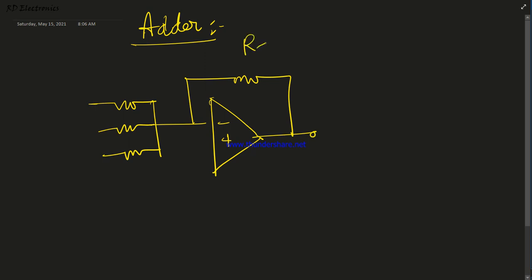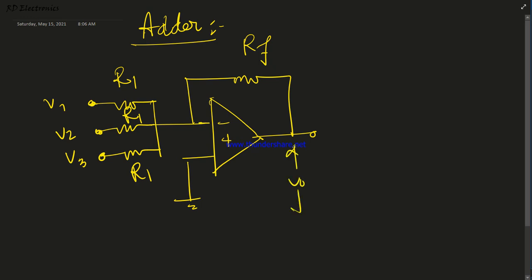This is known as RF feedback, and this is known as R1. This is grounded, and here 3 input voltages, or n number of input voltages, are applied. I consider here only 3 input voltages, but 4, 5 and 6 can also be applied.